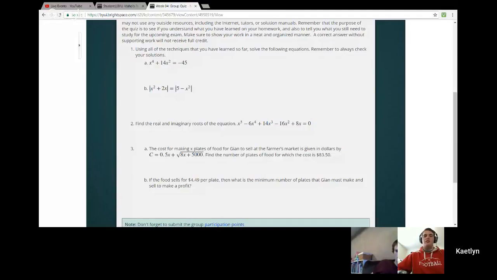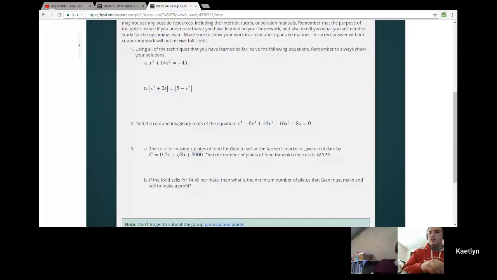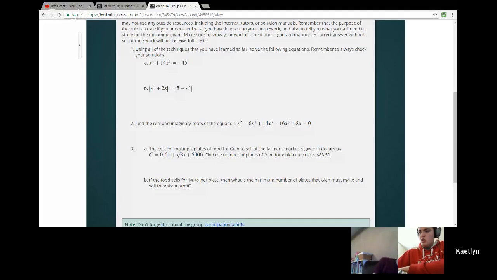Wait, no, I don't think we'll square it because we didn't take the half out. So it should just end up being 9x. Well, it'll be x squared plus 8x plus 5,000 equals 27,889.